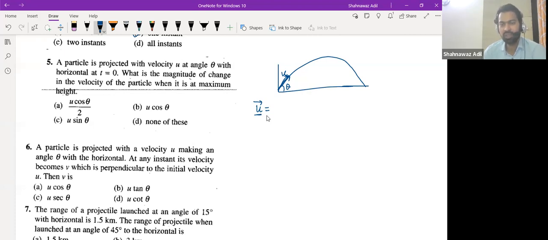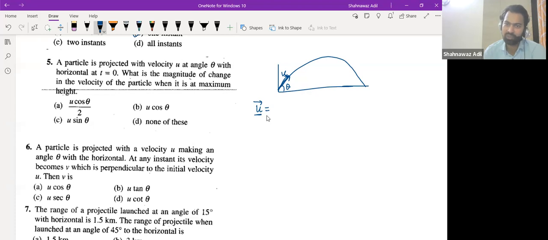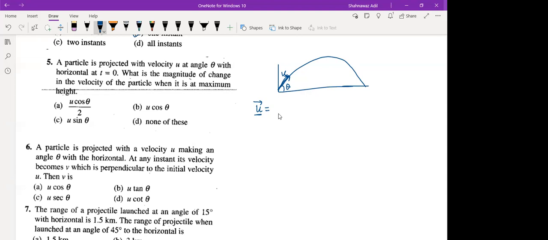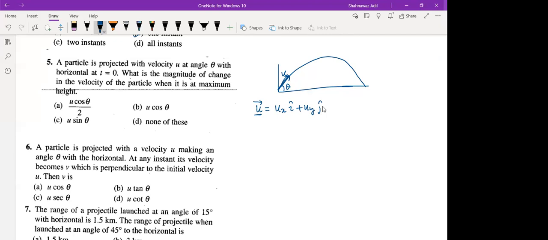Remember, we are doing the motion in two dimensions, right? Whatever vector we write, it will have how many components? 2 components, right? So this would be ux i plus uy j, correct or incorrect?